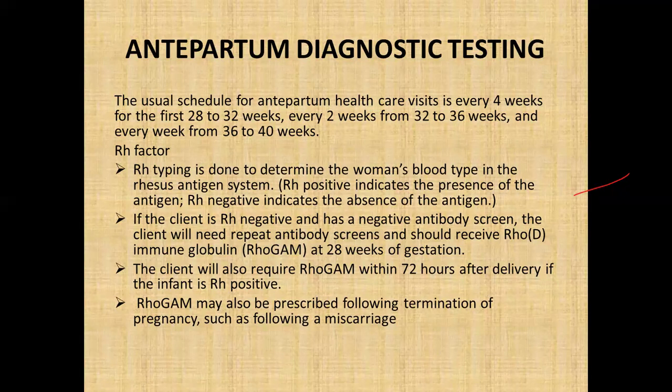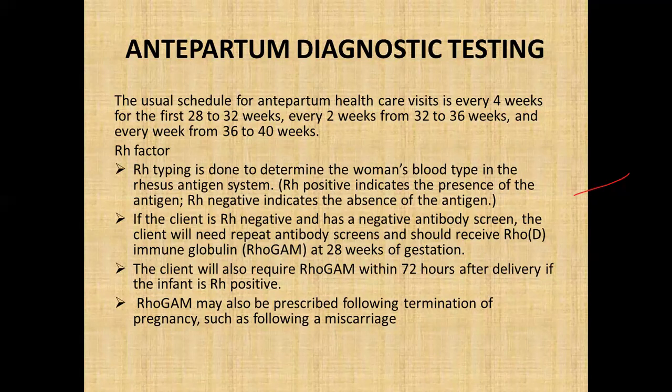Or when there is any issue and your blood is mixed with a different blood with an antigen, your body will see that as an external factor within the body, and the body will start producing what we call antibodies against it. And that could lead to a whole lot of complications.